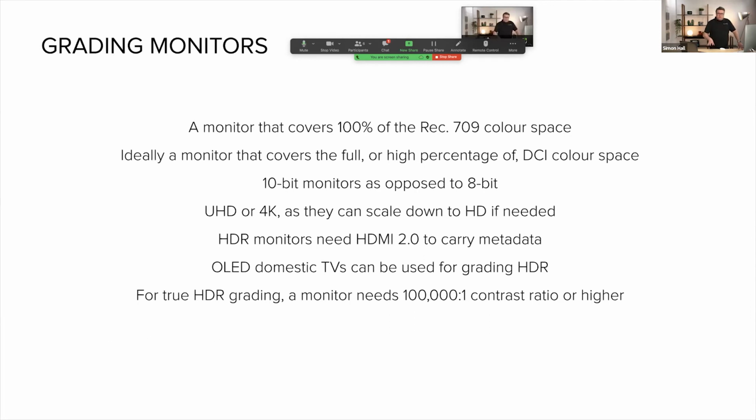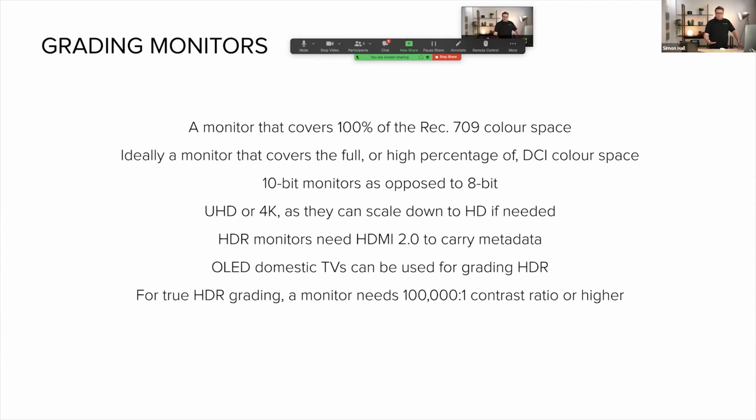If you were looking at buying a monitor, get something that at least covers 100% of the Rec. 709 color space, which a lot of them do now. Ideally, you want a monitor that covers the DCI color space. P3 is what we use for cinema. Also, Dolby Vision HDR is delivered in P3 D65.